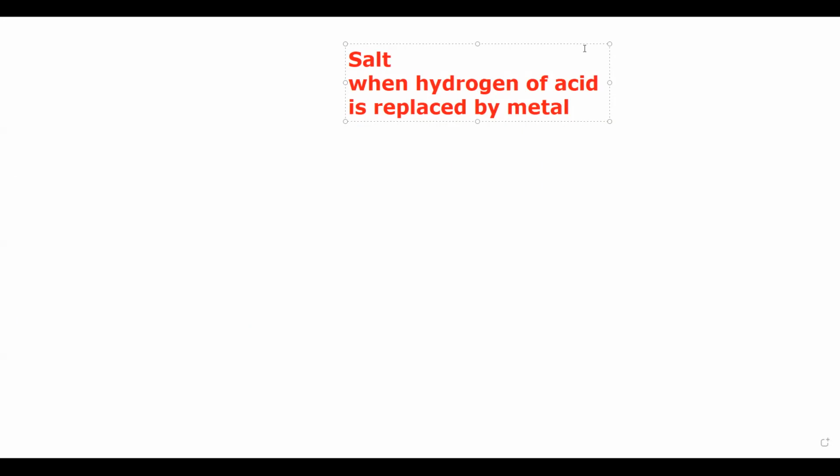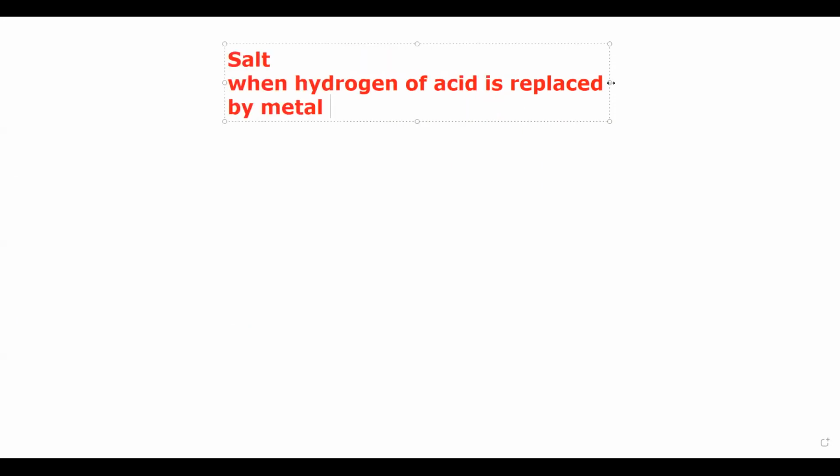So in an acid we have hydrogen, but if that hydrogen is replaced by a metal, we call that a salt. Example, HCl.